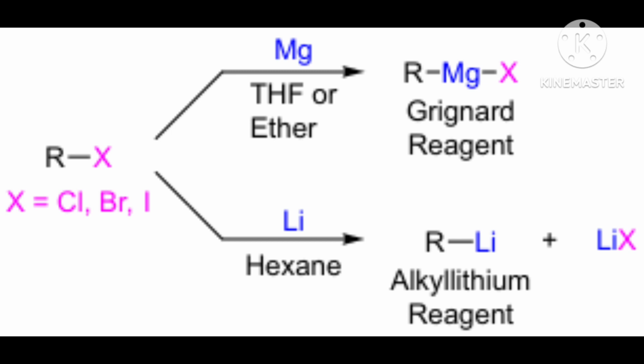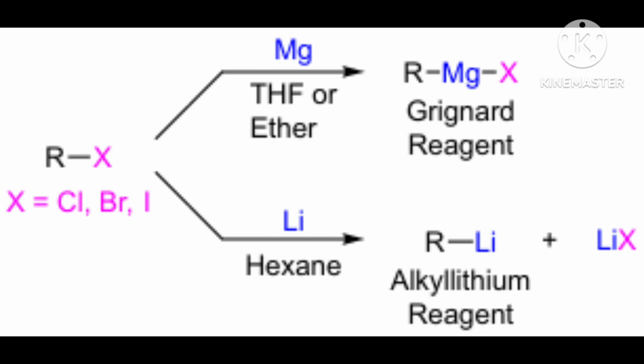You can represent magnesium in the middle, and it will have delta positive because it is electropositive, and X will be delta negative. R will also be delta negative. Magnesium has 2 electrons, and both have been used in bond formation: one with X, where X means bromide, chloride, iodide, or fluoride, and the other with the alkyl group.